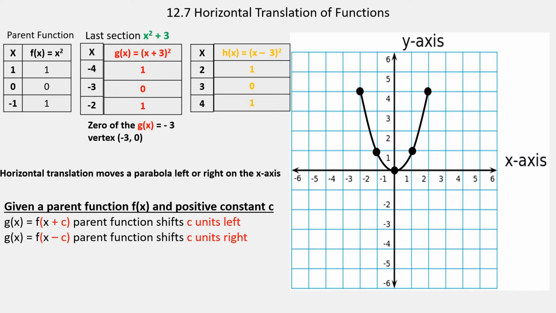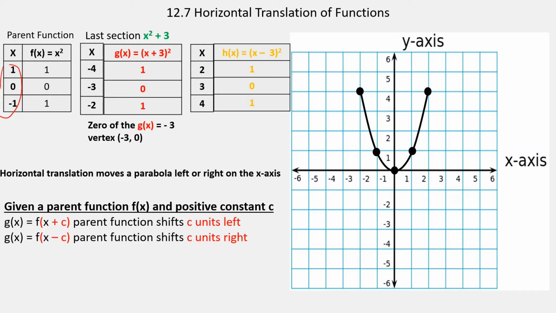The other thing that I want you to notice is that before, in the previous sections, we were using the same x values, right? Well, here, when you're determining the x values you want to plot, you want to find out where that vertex is. So it might help you, if you're doing the plotting method, to know what the 0 of the function is, so that you can get the vertex.